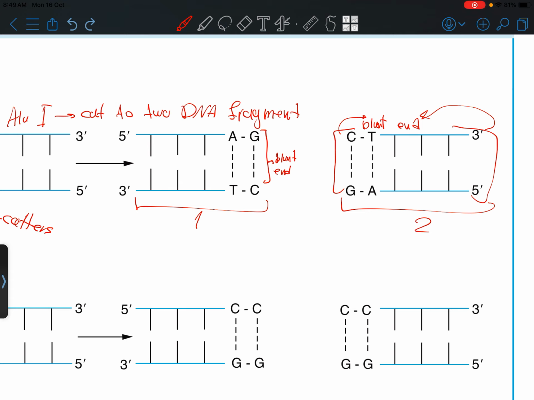What will happen? Yes, the DNA ligase will ligate this DNA fragment with this DNA fragment to regenerate this DNA fragment. What else?